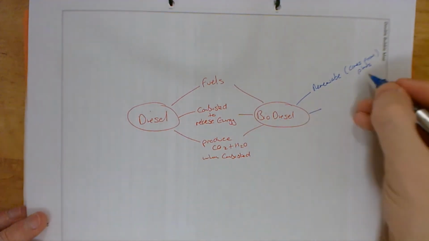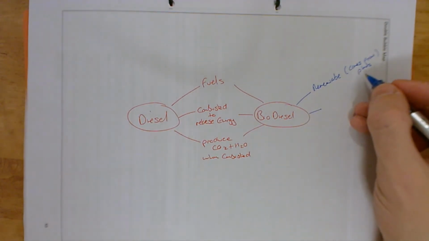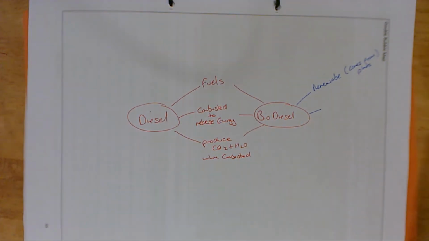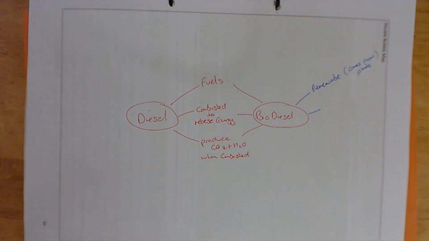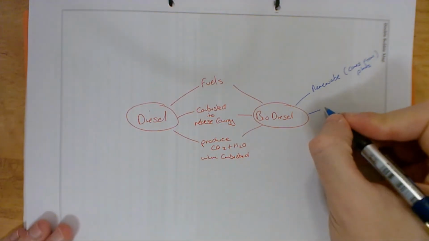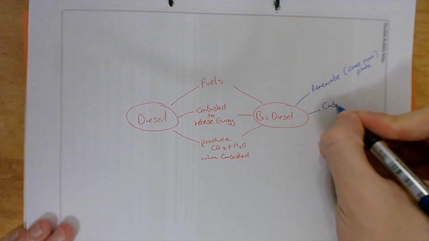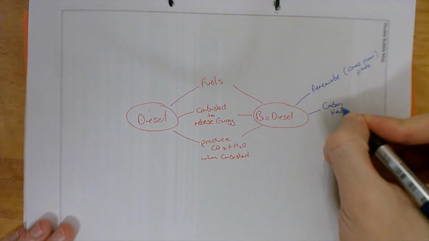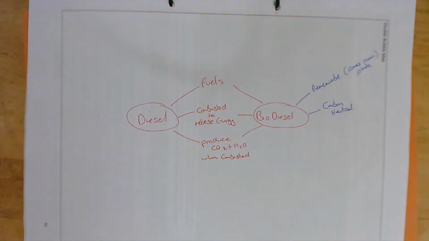Importantly, because it comes from plants, and those plants, the whole time they're plants, are taking in carbon dioxide through photosynthesis, that kind of offsets the carbon dioxide that's produced when you combust it. So we describe biodiesel as being carbon neutral, because the carbon dioxide emitted when it is combusted is offset by the carbon dioxide taken in by the plants that are used to create it.